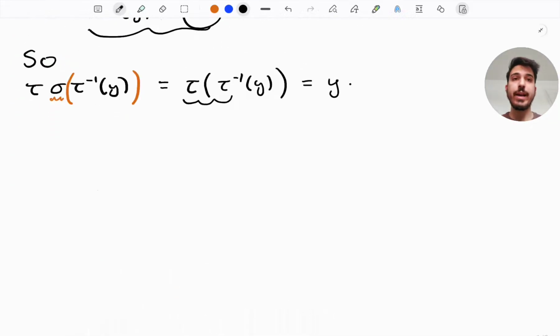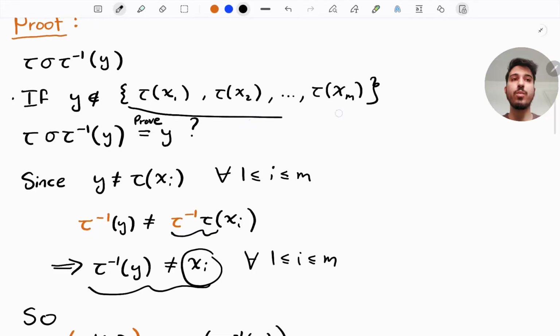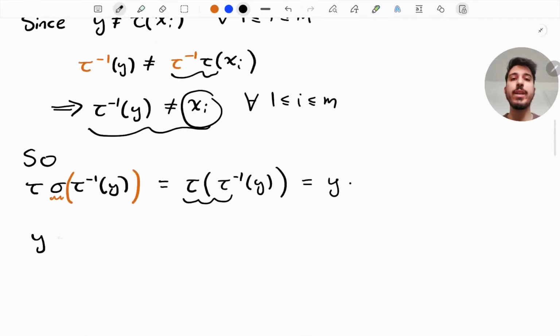Suppose now that y does appear as one of the elements in the set. So suppose that y is equal to tau xi for some i between 1 and m.